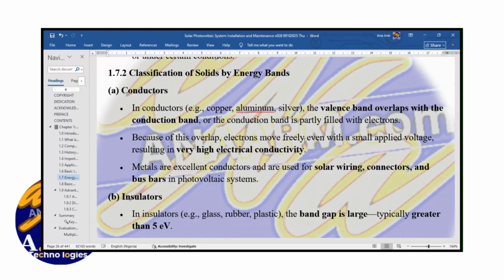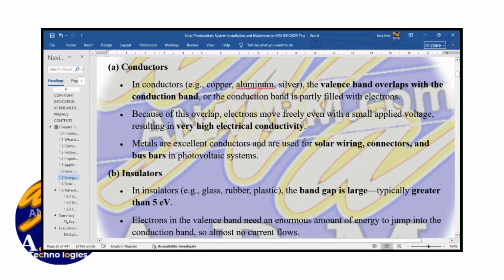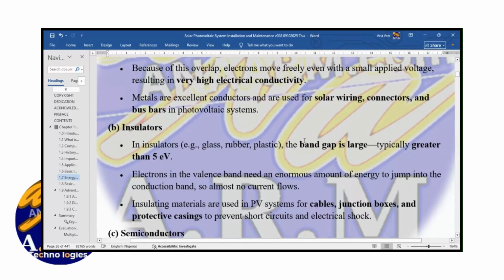Because of this overlap, electrons move freely even with a small applied voltage, resulting in very high electrical conductivity. Metals are excellent conductors and are used for solar wiring, connectors, and bus bars in photovoltaic systems.